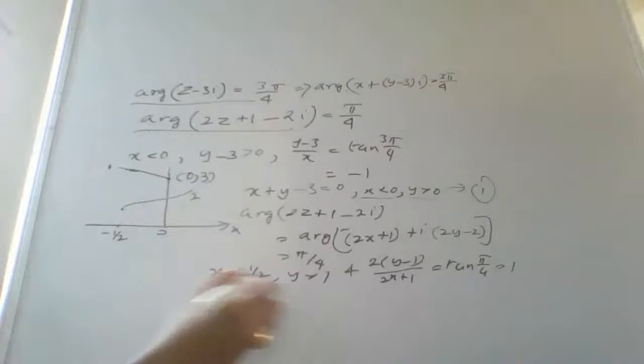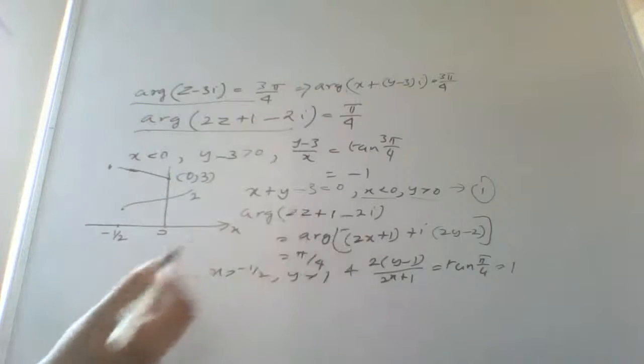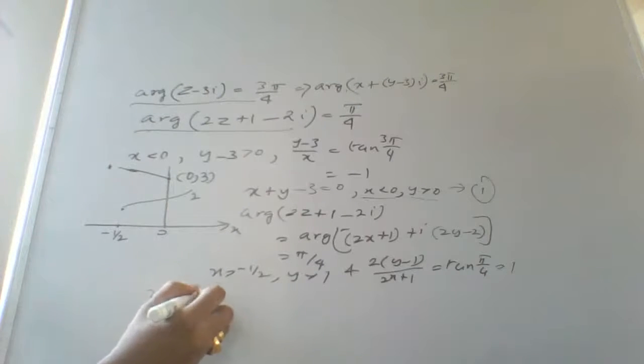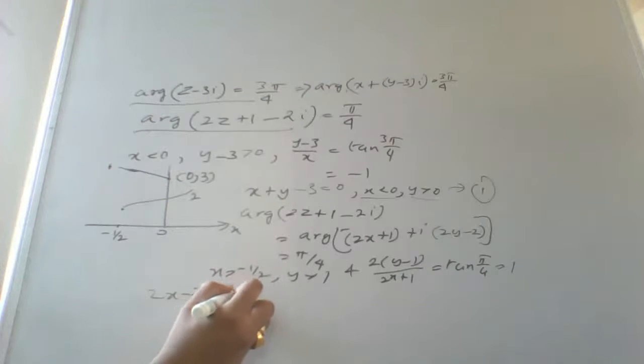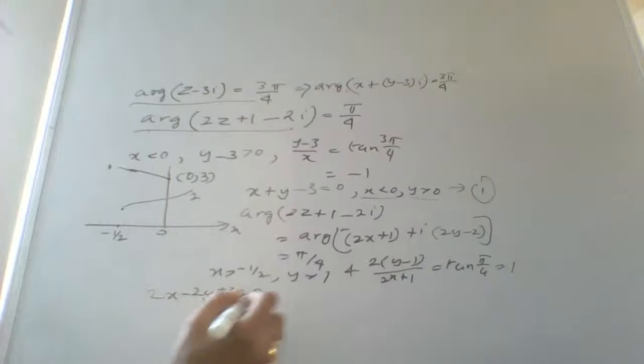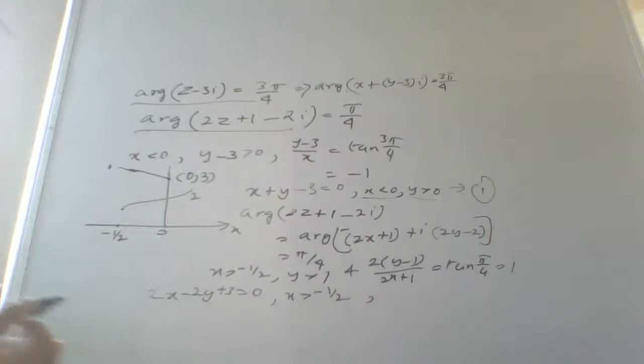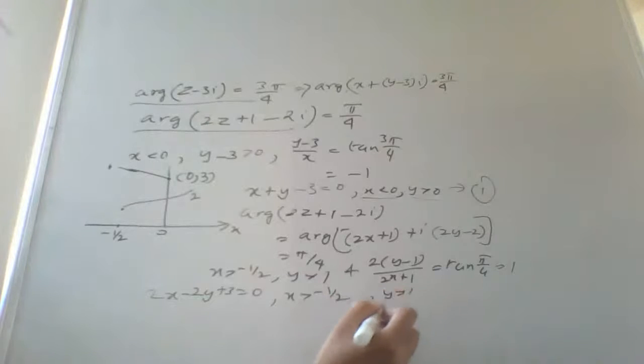So if you consider this equated to 1, I get an equation like 2x minus 2y plus 3 is equal to 0 for x greater than minus half and y greater than 1.